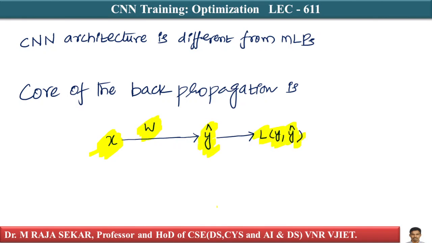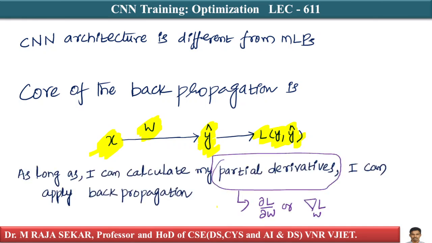As long as I can calculate the partial derivative of L with respect to W, where W means weights, that is, calculate the grad of L with respect to W, I can apply backpropagation.